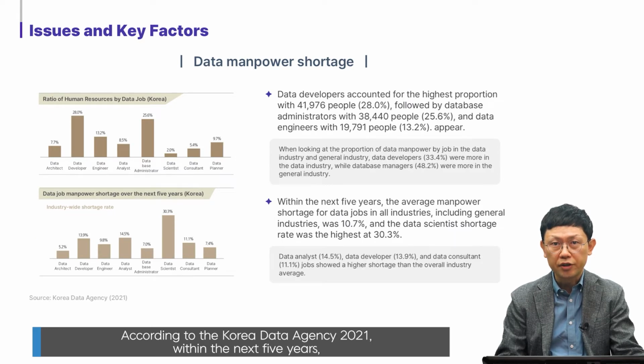According to the Korea Data Agency 2021, within the next 5 years, the average manpower shortage for data jobs in all industries, including general industries, was 10.7%, and the data scientist shortage rate was the highest at 30.3%.